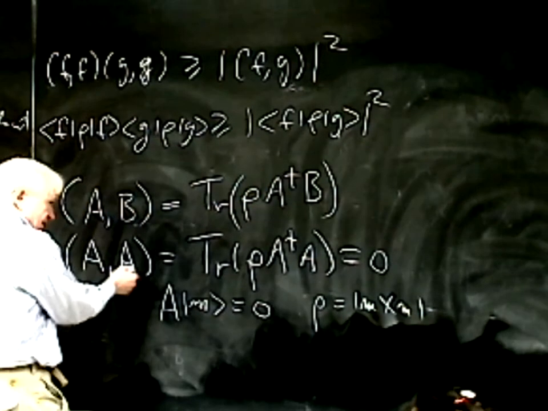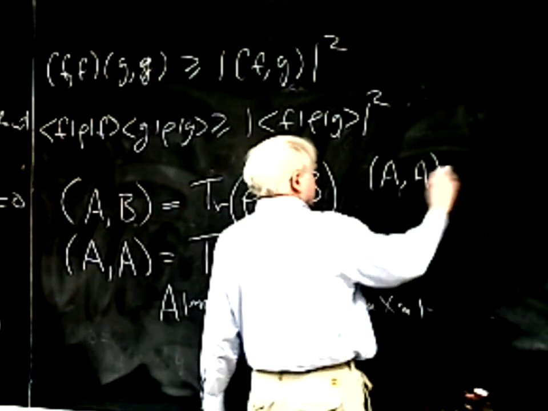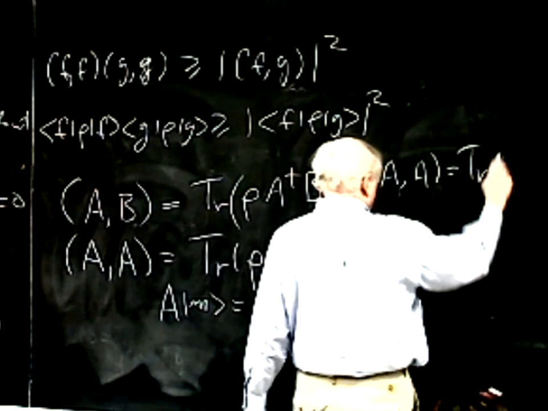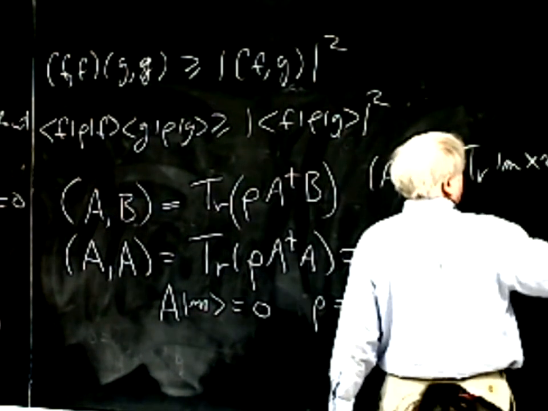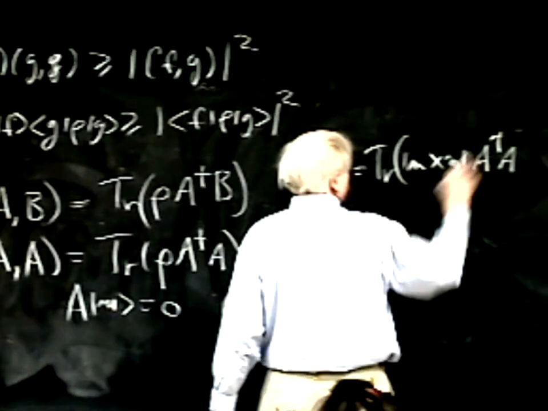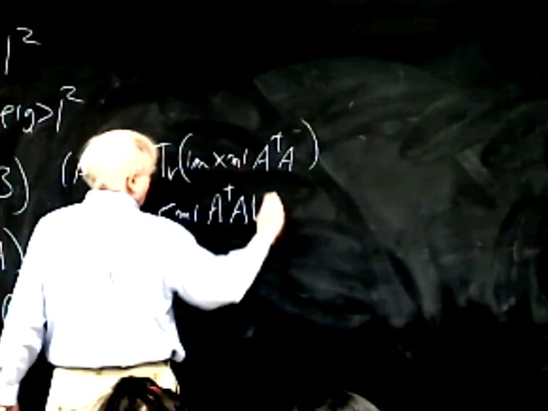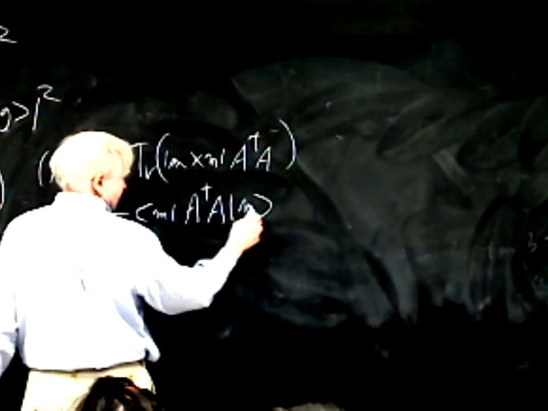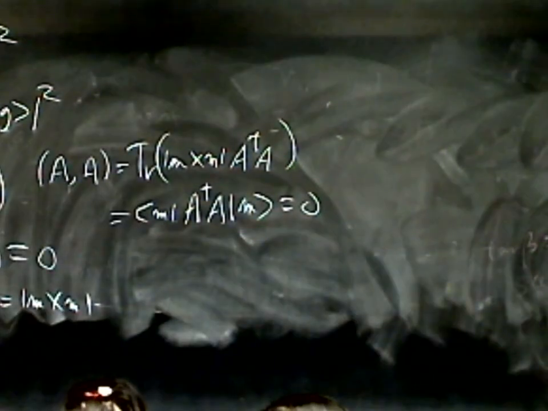Then this inner product of the operator A with itself would be the trace of |M><M| A dagger A, and this would simply be the diagonal matrix element of A dagger A in the state M, and since AM is 0, this would be 0. So that's an example.